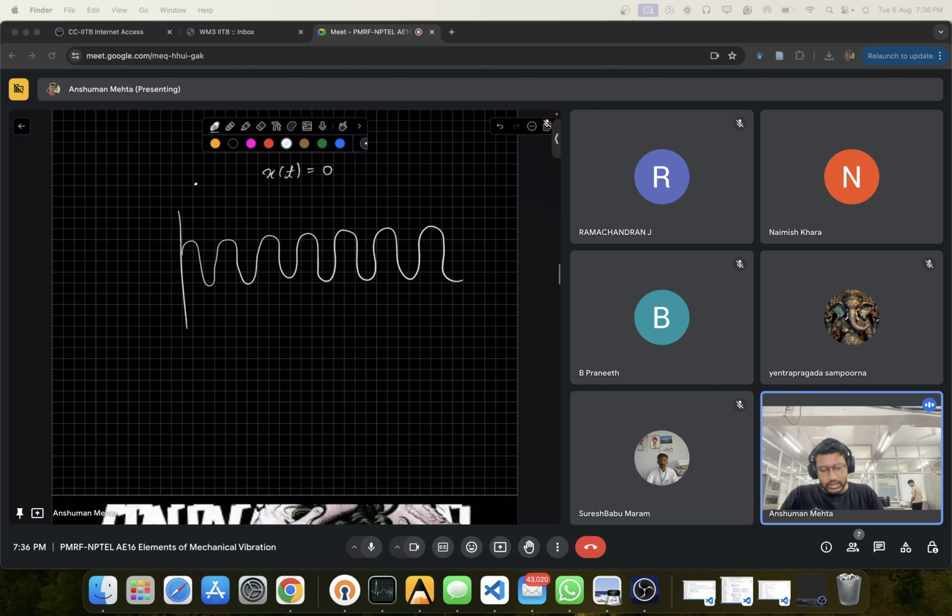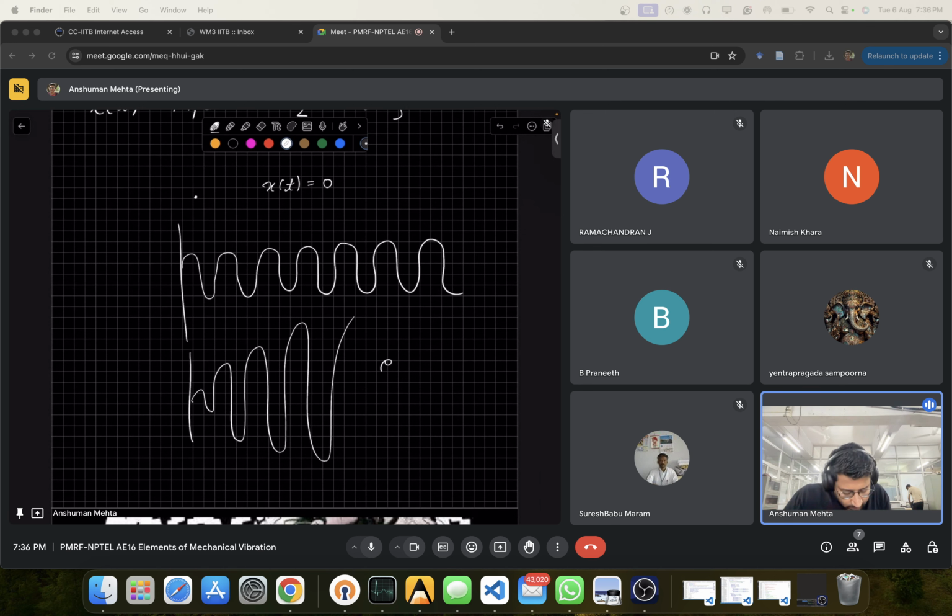Then next is the amplitude increasing, so it's an unstable system. So the form is like e power st into a1 sin omega t plus b2 cos omega t, where s is positive.